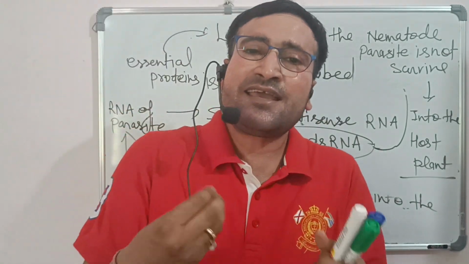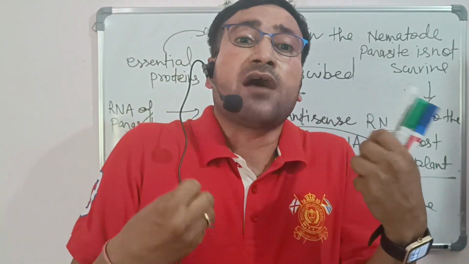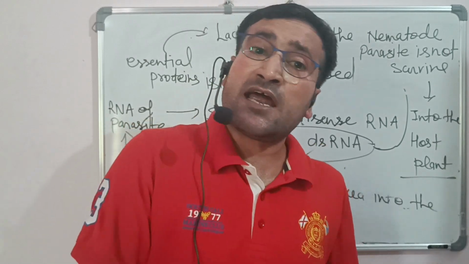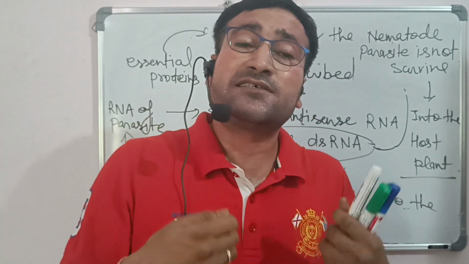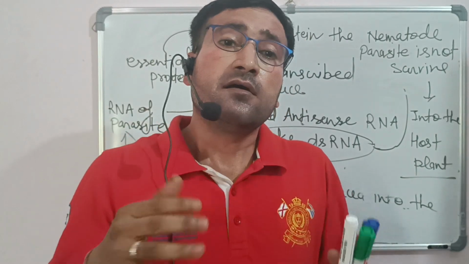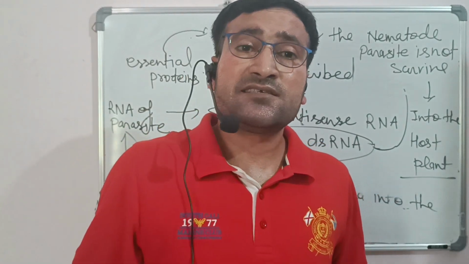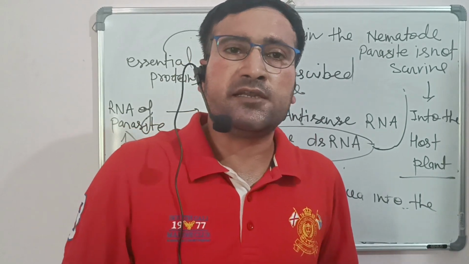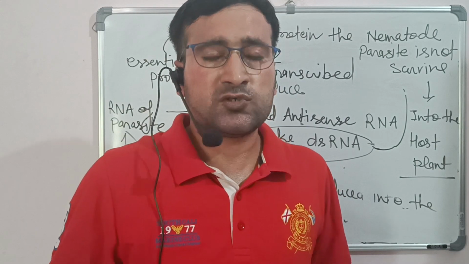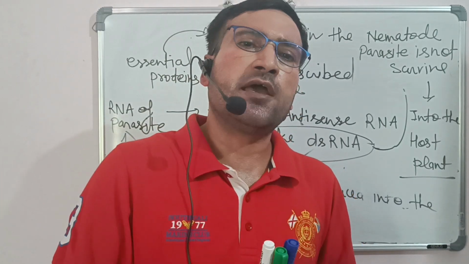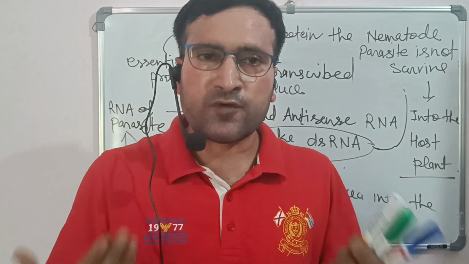So the RNA creates the problem in the protein synthesis, so that the required protein is not produced in the host cell, so that the parasite does not survive, because they are not providing the good condition for the parasite. So this type of interference is known as RNA interference.